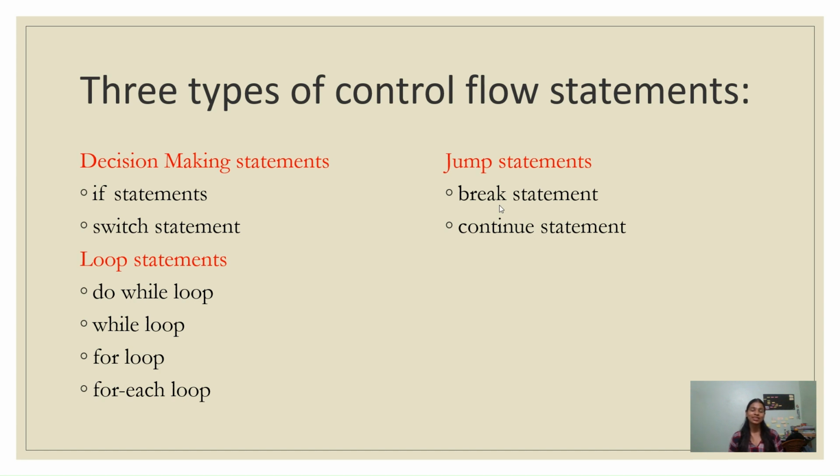That means if a student is absent, we still allow the other students to enter the class and sit in their places. And if we apply a condition that if any student in between is absent, then the students after that roll number are not allowed in the class, then that is going to be a break statement. That means we are not continuing our statement and the other students are not seated in the class.